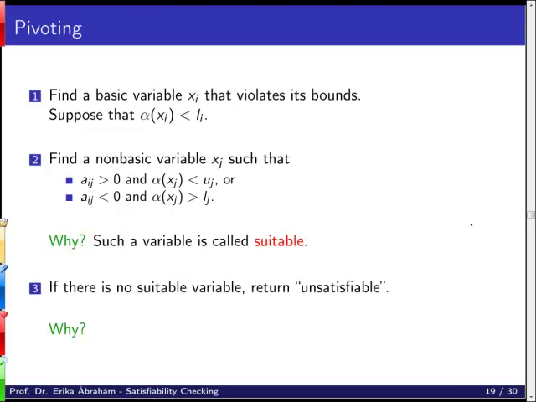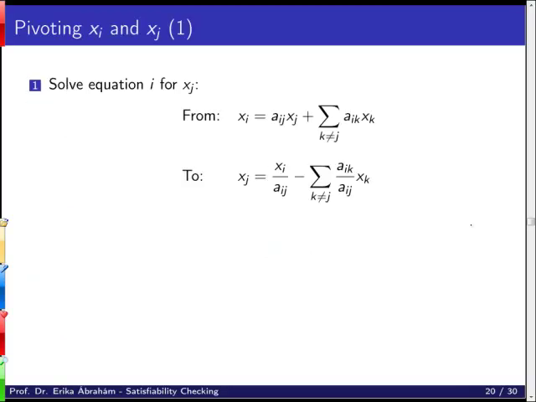Otherwise, if there is one, then we just take one and we reformulate the problem. So assume that we have here on the left-hand side the variable which violates its bound. So we reformulate the problem.